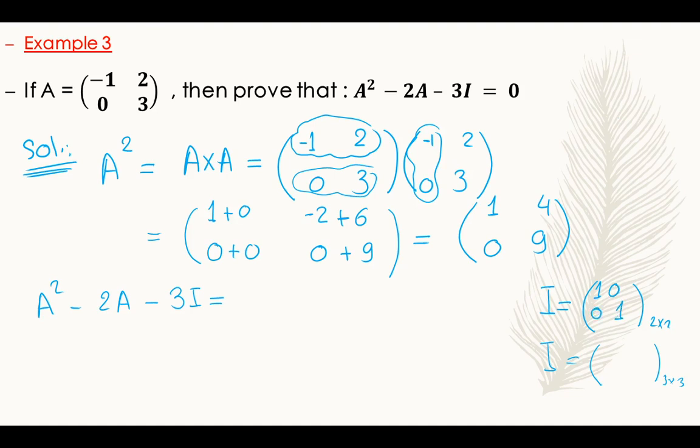And if I is a matrix of order 3 times 3, it will be 1, 0, 0, 0, 1, 0, and the last row will be 0, 0, 1. Now we are going to find A power of 2 minus 2A minus 3I.